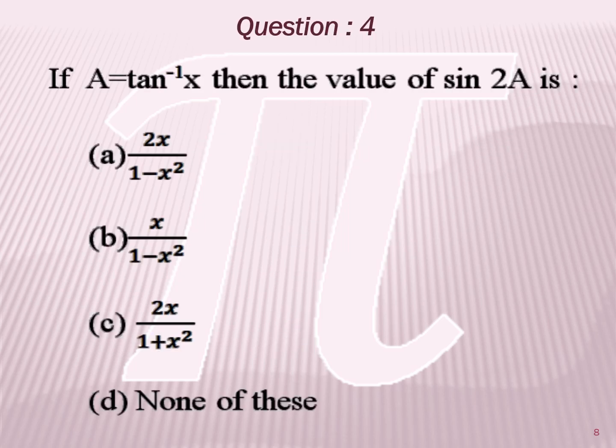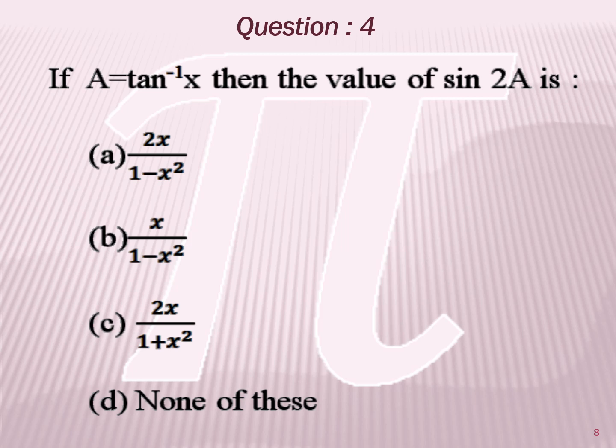If capital A is equal to tan inverse x, then find the value of sine 2A. Option A, 2x by 1 minus x square. Option B, x by 1 minus x square. Option C, 2x by 1 plus x square.